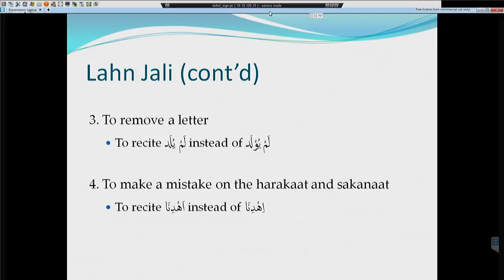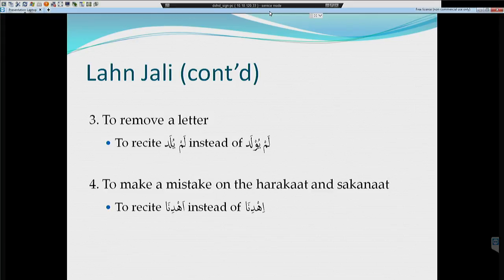Now what happens? Now Jalut has a dhamma at the end and becomes the doer of the sentence. And since Dawood has a fatha at the end, it becomes the object. So now the meaning changes into Goliath killed David, Jalut killed David, just by changing that one harakah.